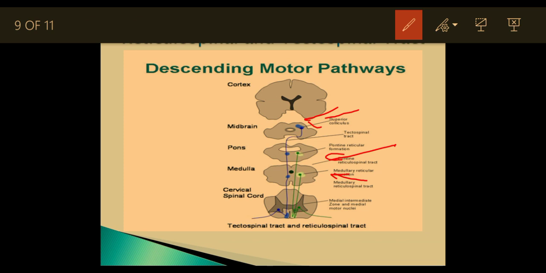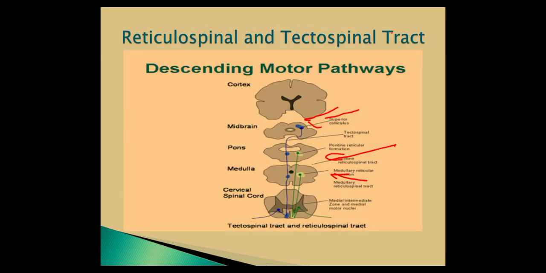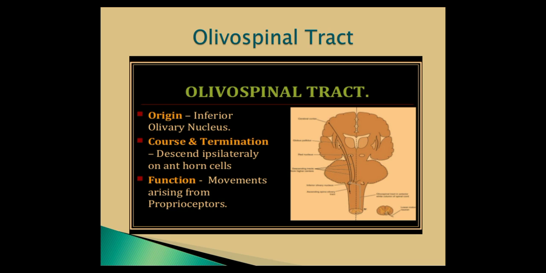What is the function of the tectospinal tract? The tectospinal tract is responsible for the movement of the head in response to visual and auditory stimuli. It means it is responsible for the movement of the head in response to different auditory and visual stimuli, changing the head movement or head position accordingly. The next tract is the olivospinal tract.